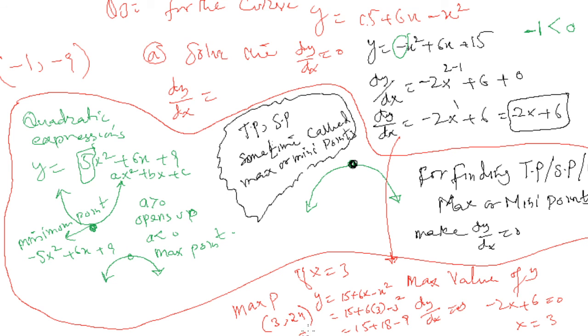So that's the result for the maximum point. In this case, since the parabola is opening down, that's why we find the maximum point this way.